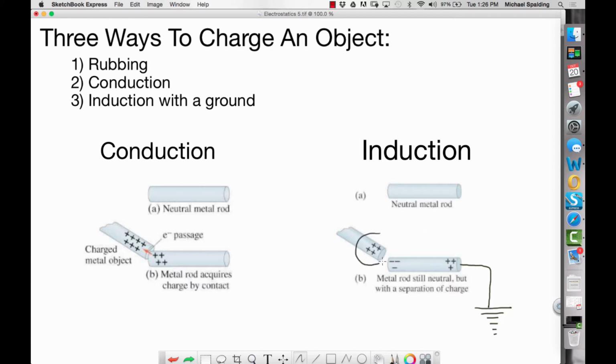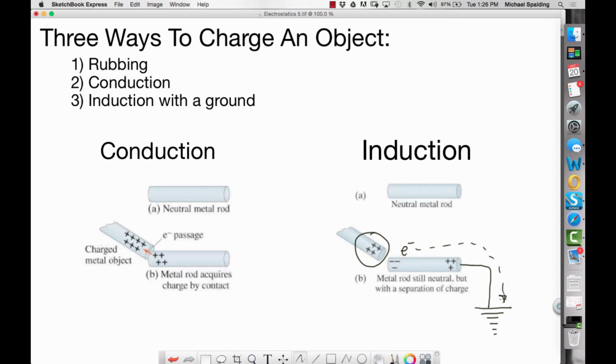So we're bringing a positive rod near to this neutral rod. Is this positive rod going to pull electrons up from the earth, or is it going to take electrons from this rod and push them down into the earth?